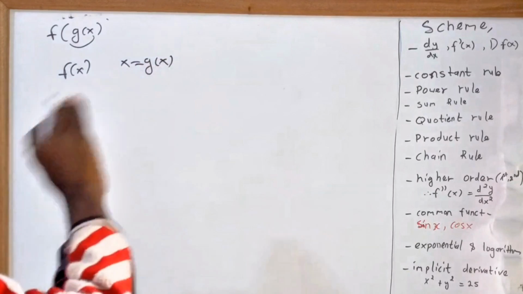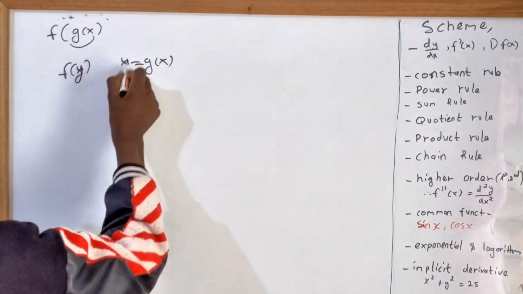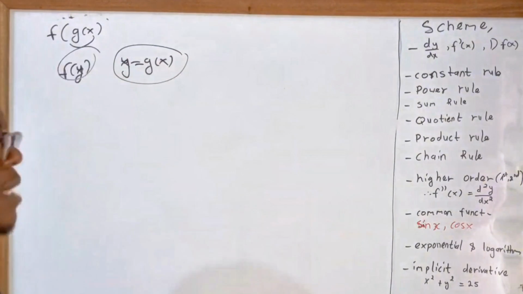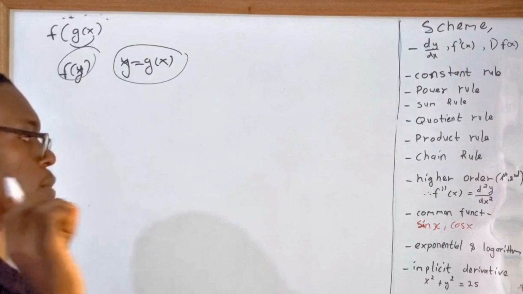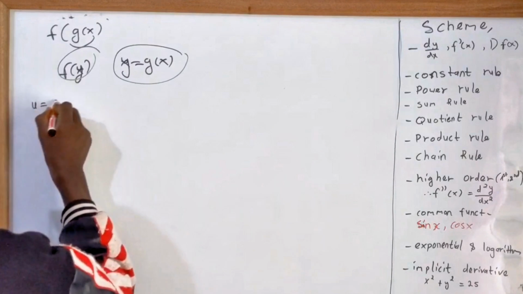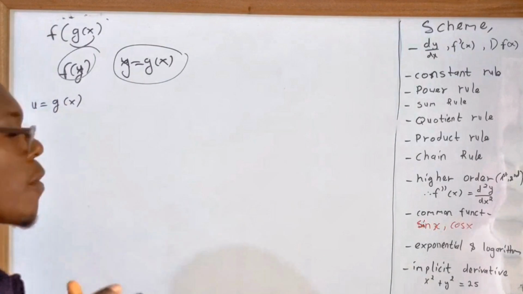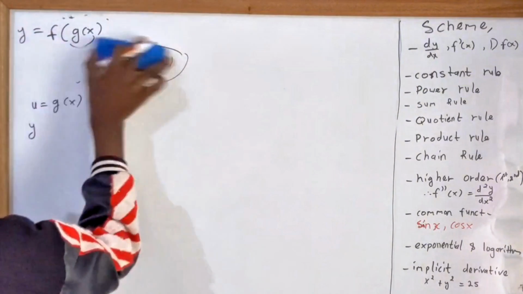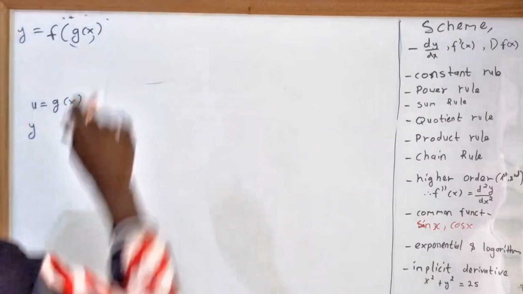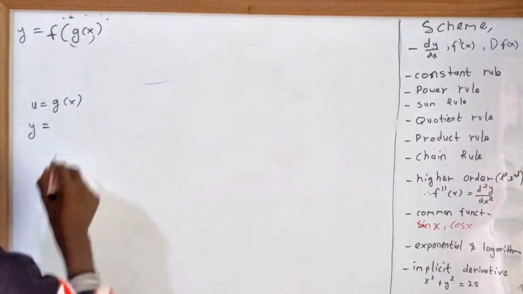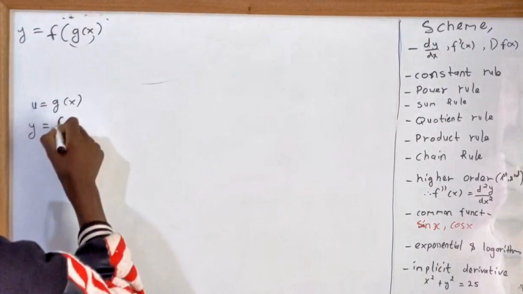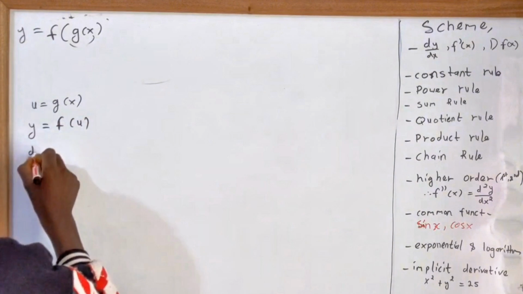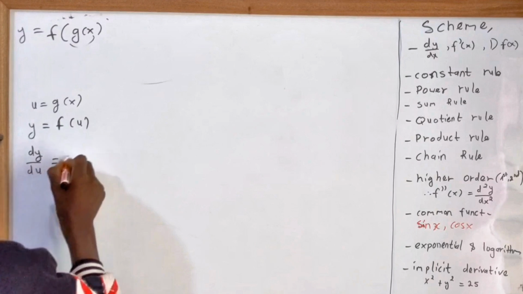Or f of y, where y is equal to g of x. And how can you differentiate what's inside here? You are going to use the chain rule by taking, for example, u is equal to this g of x. Therefore, we take into consideration that y is equal to what? y is equal to f of u. Then we differentiate dy all over du is equal to what?